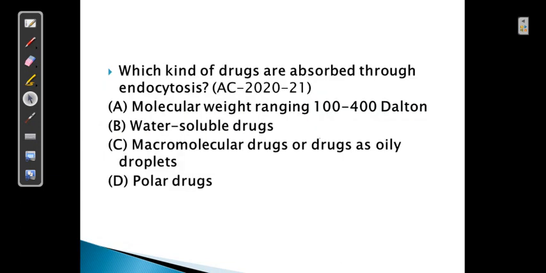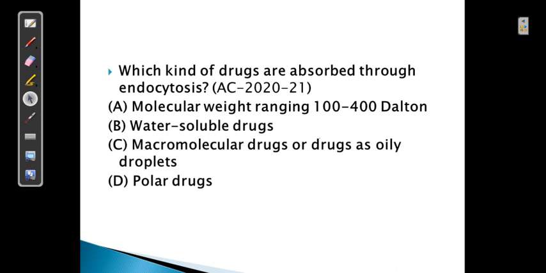So now let's see the sample questions. Which kind of drugs are absorbed through endocytosis? So now you know very well that larger drug molecules like macromolecular drugs are absorbed through endocytosis.